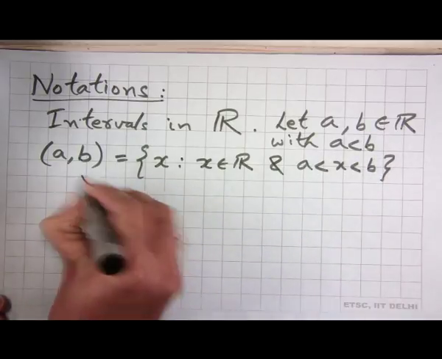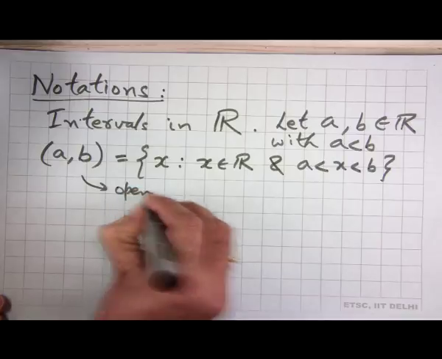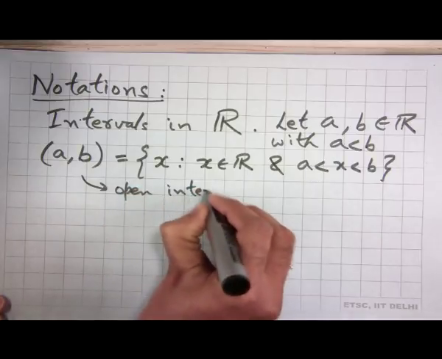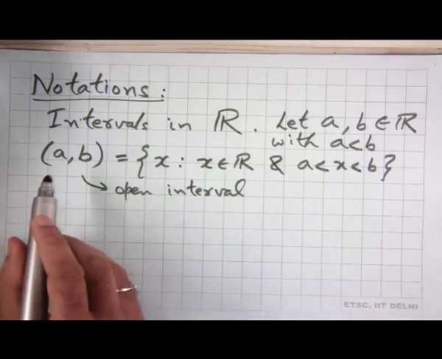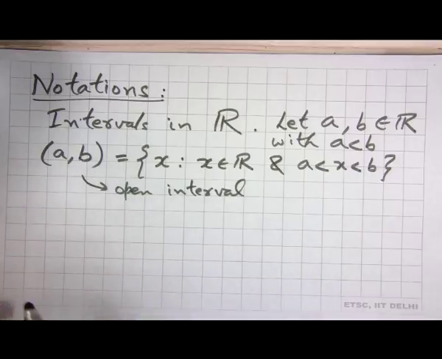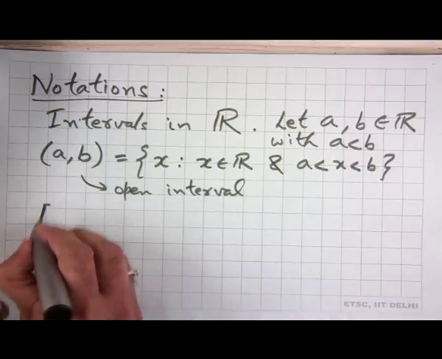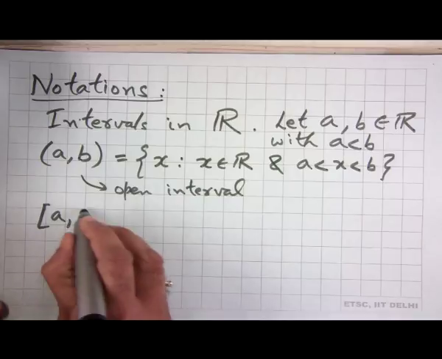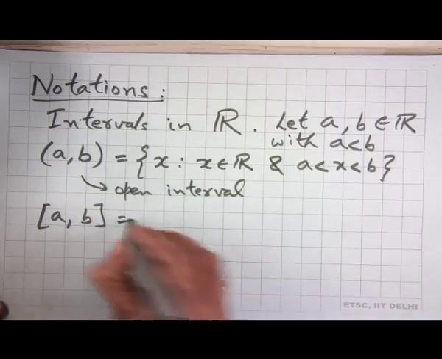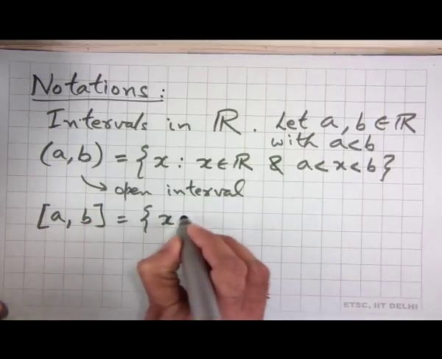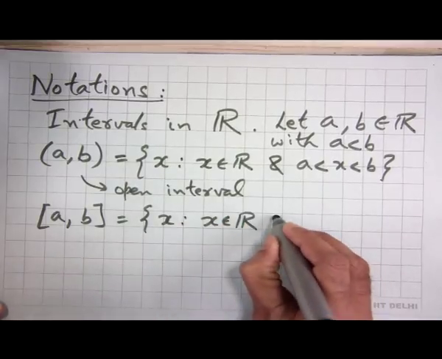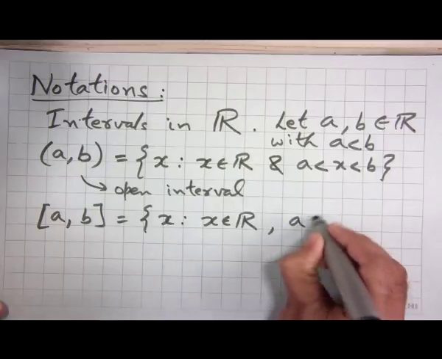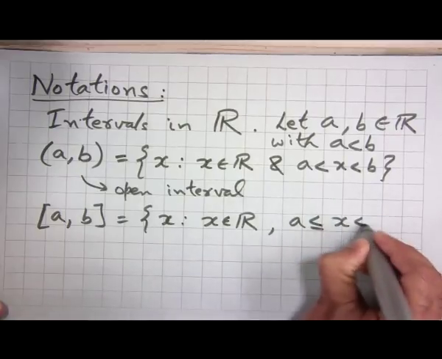This is called an open interval. This is the set of all real numbers which are strictly between a and b. And we use the closed bracket [a, b] to mean all x such that x is a real number and a is less than or equal to x is less than or equal to b.